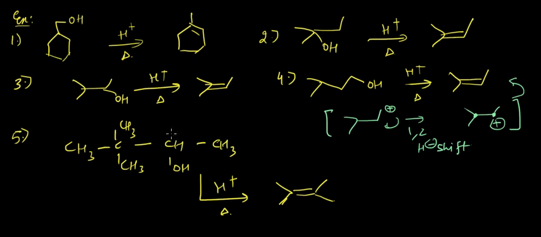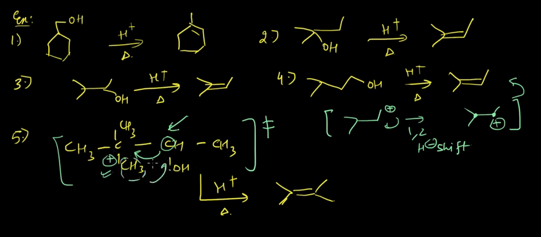Again, you can say that the positive charge would be on this carbon, 1,2 CH3 minus shift, positive charge will come into this in the intermediary compound. So then this CH3 would shift to this carbon atom, hence this carbon atom would have 2 CH3 attached to it, because 1 CH3 minus got shifted to this carbon atom.